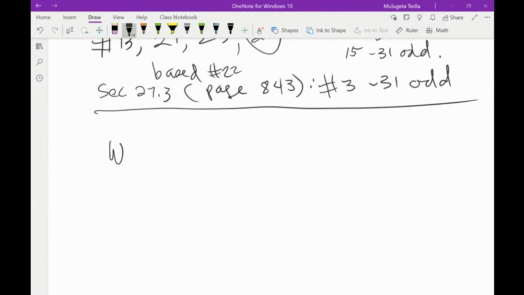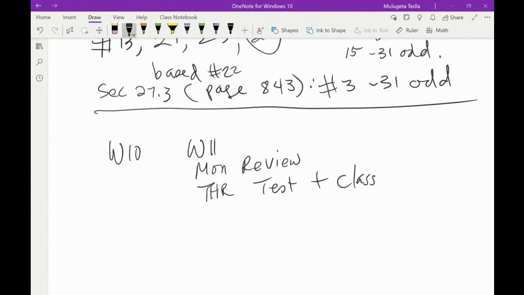We are in week 10 right now. Week 11, Monday is review. Thursday is a short test. Thursday is test plus class. You have a short class after the test.